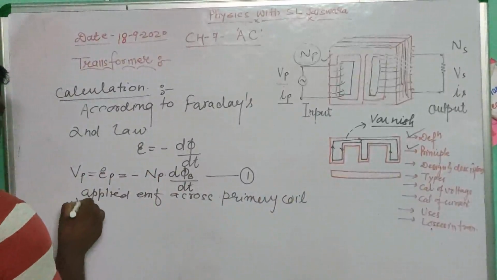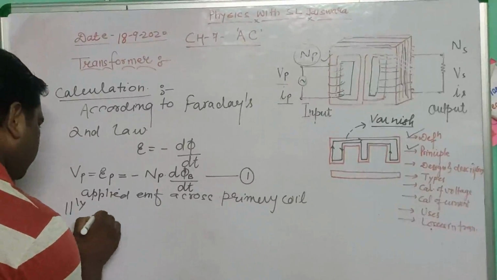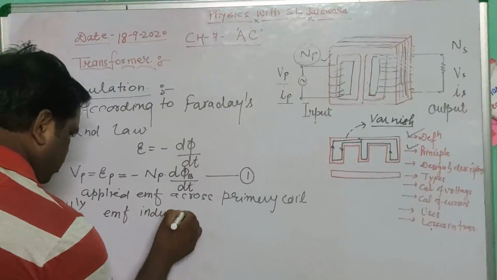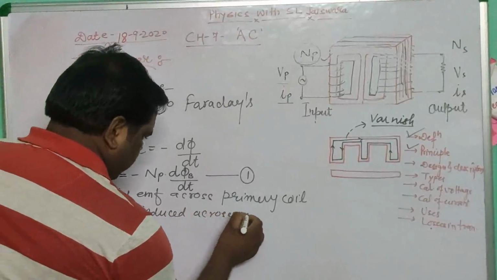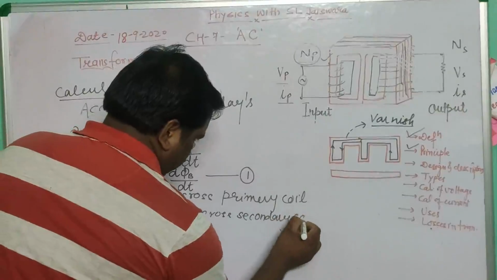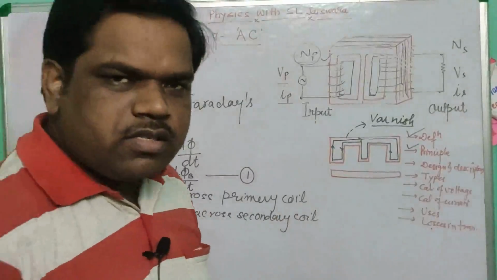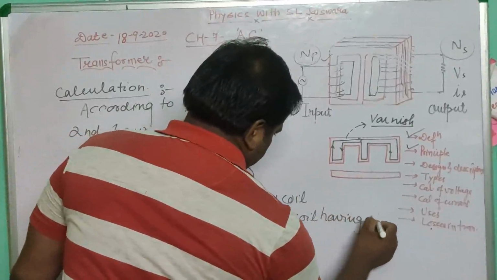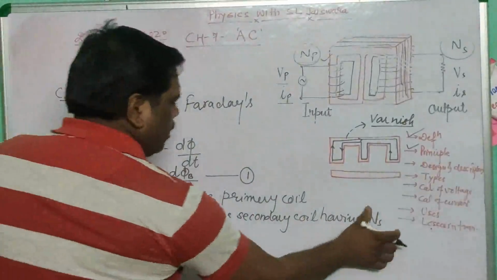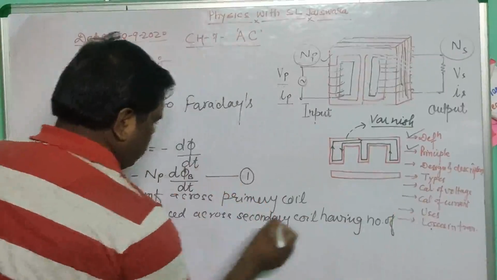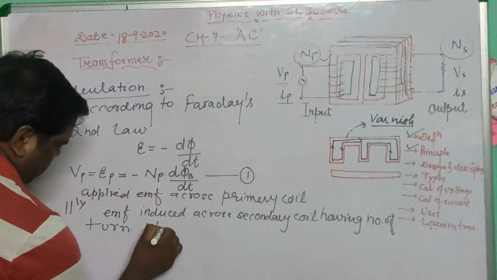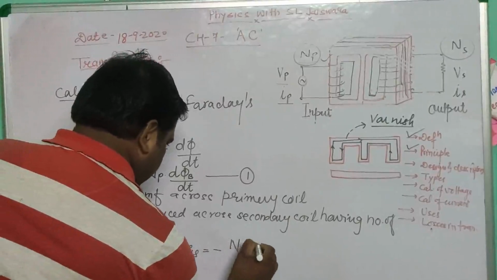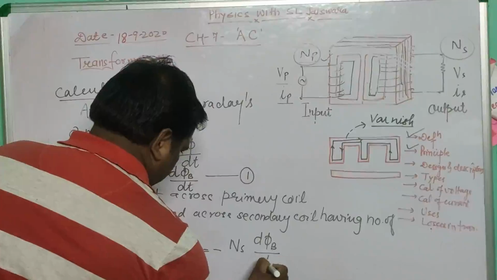Similarly, the EMF induced across the secondary coil having number of turns NS will be Vs equals eta S equals minus Ns d phi B upon dt.